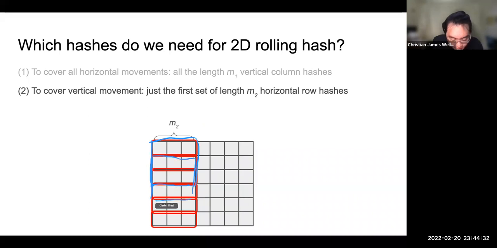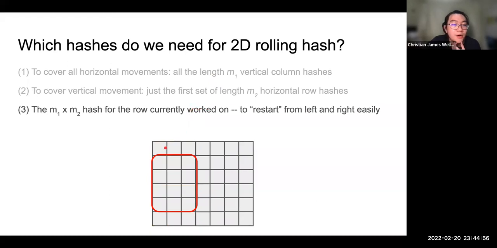We don't really need to consider the other row hashes, because once we roll this down, we just use the column hash to roll horizontally to the right. So this is what we need.